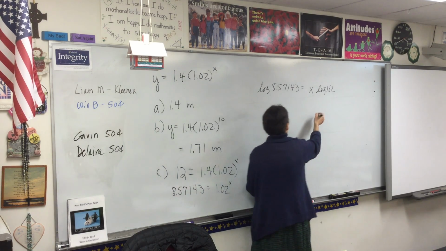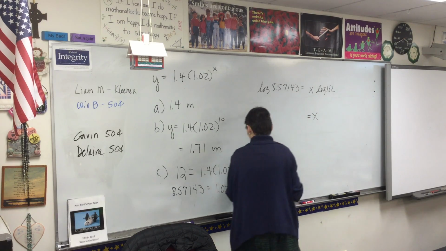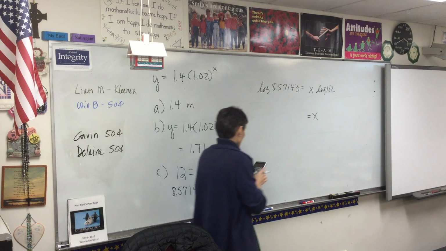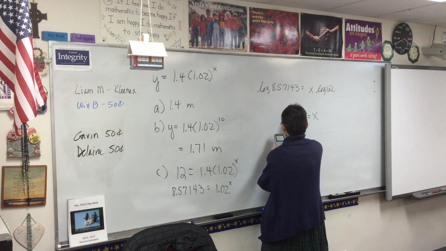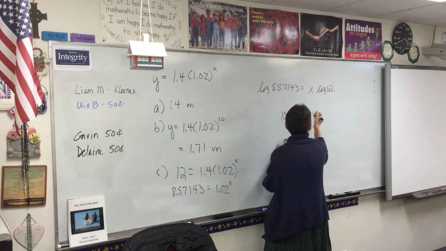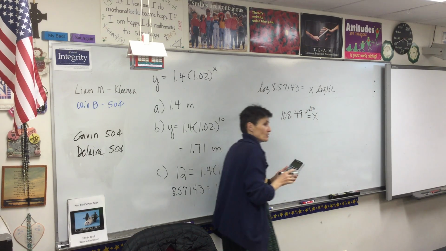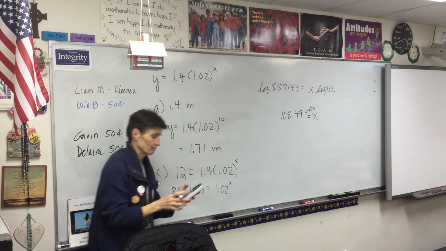The answer with no round off error at all: I use my answer button instead of using this. No round off error at all is 108.49 weeks. That's what you got too? Perfect.